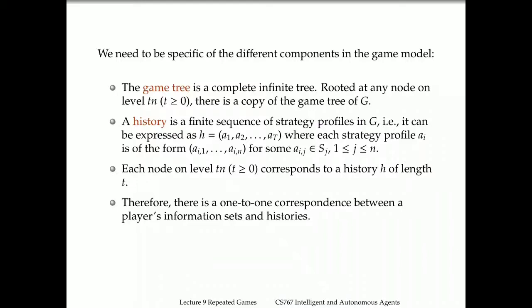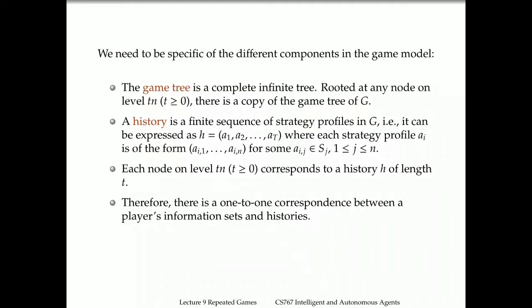So a history is just a finite sequence of strategy profiles in G, and each strategy profile of a stage game G specifies a path in the game tree. And when we have a number of such strategy profiles put together, you can see that this corresponds to one fragment of an infinite path in the infinite game tree starting from the root. And we can also express this history using this letter H, and it denotes T lots of these strategy profiles, A1, A2, up to AT, where each AI is itself a tuple of n strategies, each for one player.